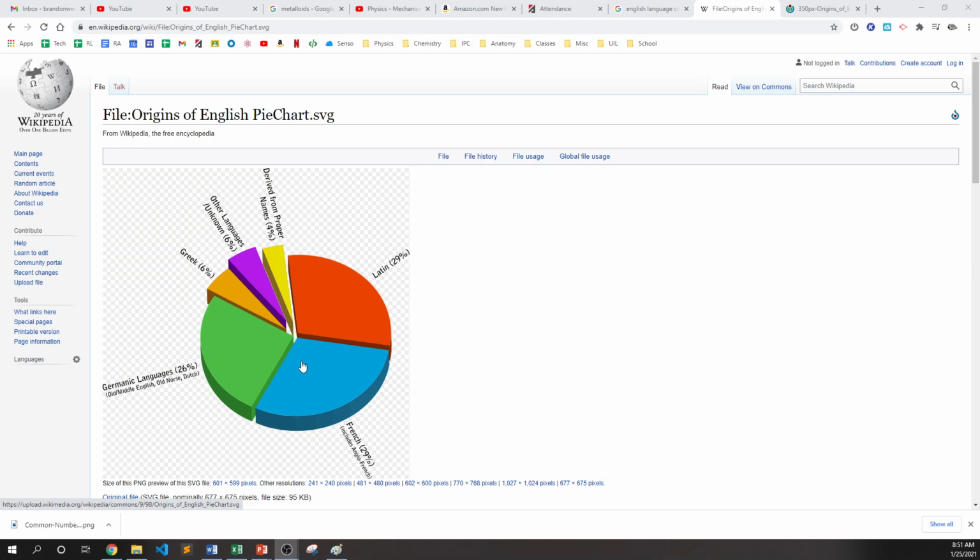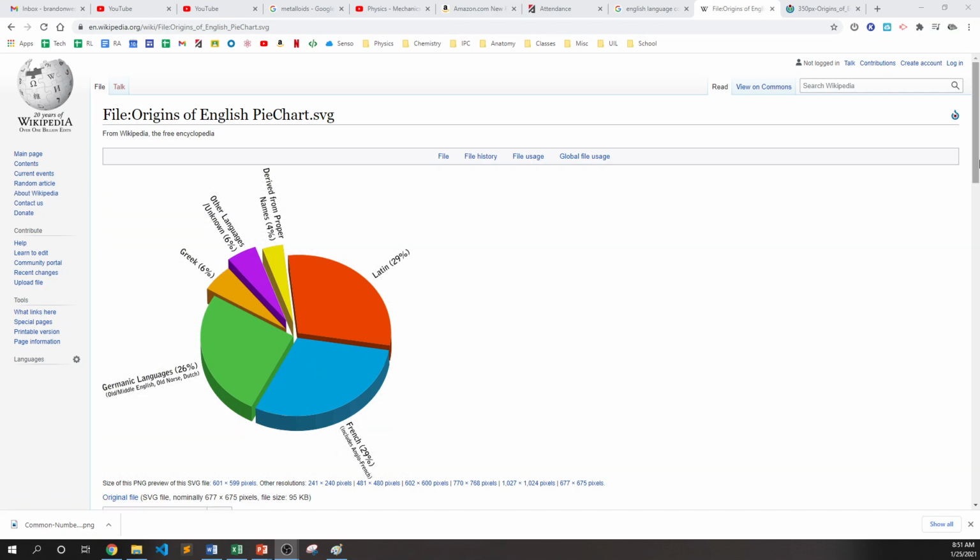Next we have French. So French words. Then we have Latin. Latin is bigger than the main core English. Then we have Greek right here. Other language influences, and what's that yellow? Yellow is not close. Well, Latin, French.